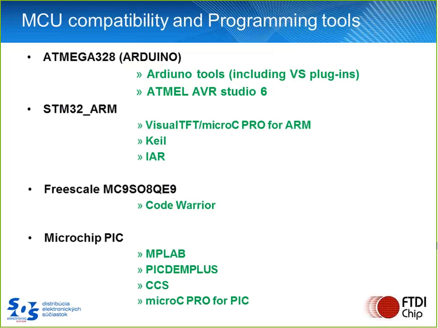So, for example, using the ATmega chip on the Arduino boards, you'd be using the IDE tools that come with that, and that's a free download. The ARM chip, it will be Visual TFT, MikroC Pro. Now, these are from Mikroelektronika, which we mentioned earlier. CodeWarrior is used for Freescale microcontrollers, and also Microchip PICs.